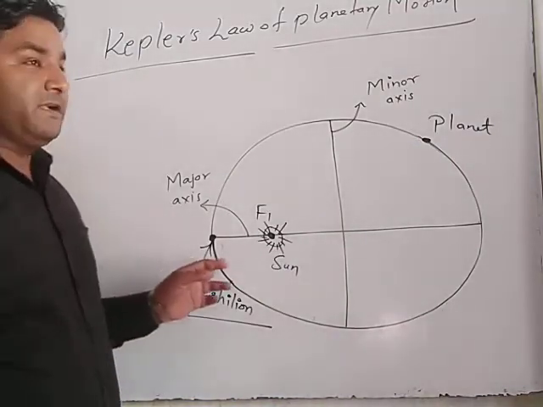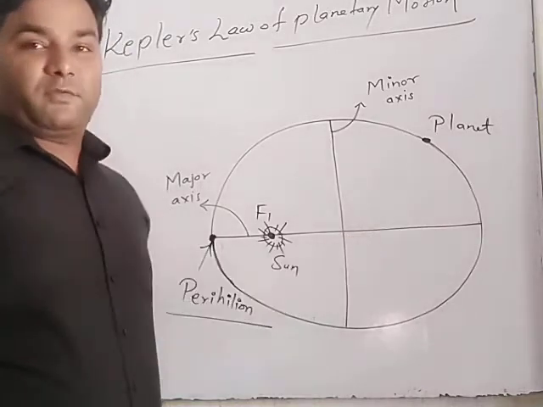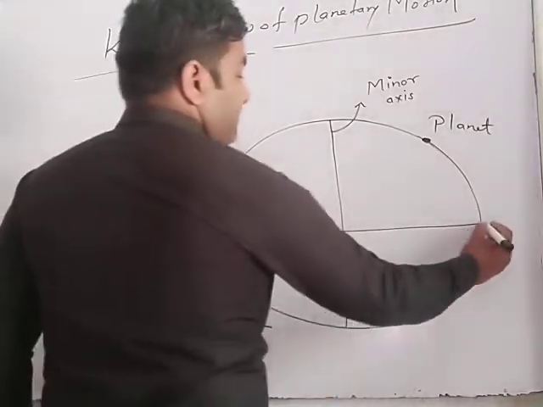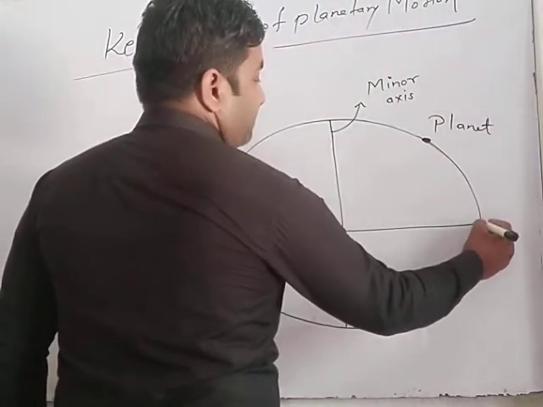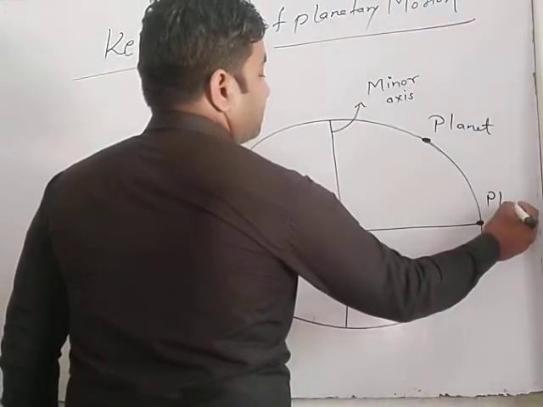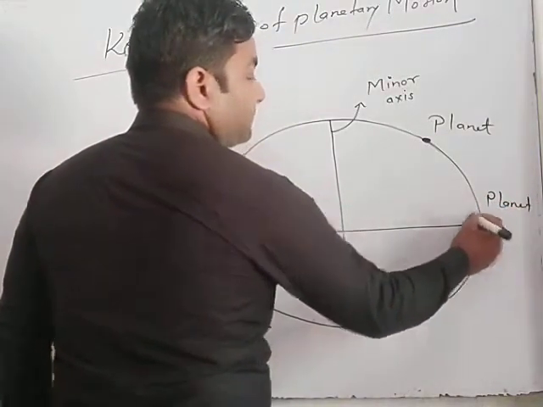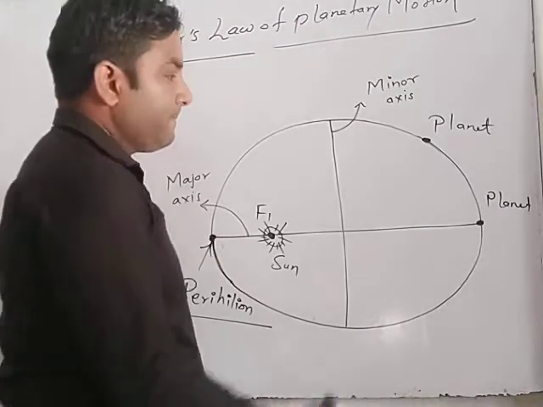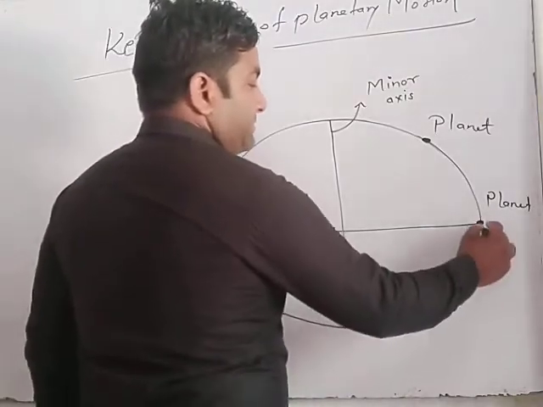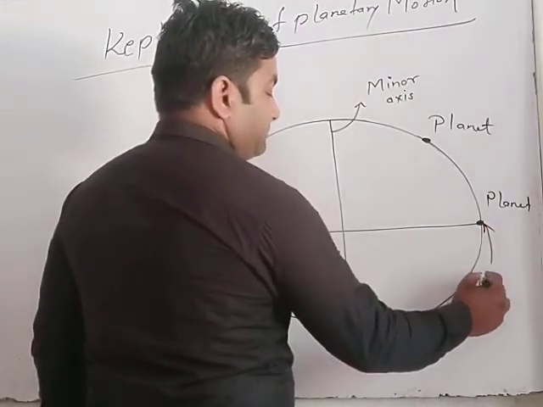And whenever the planet is away from the sun, it means at this position, this position has a special name, that is aphelion.